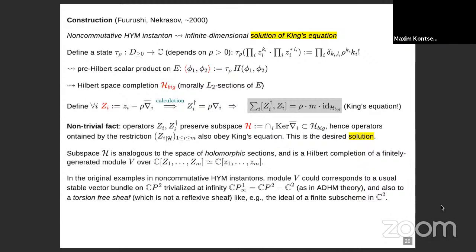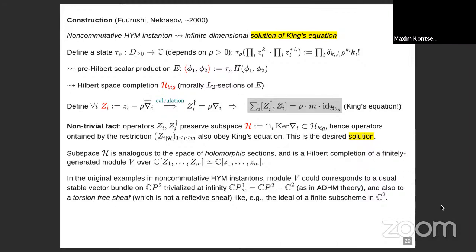So there was a bit of an informal construction in about 2000 by Furuuchi and Nekrasov, almost at the same time. They both cite each other. This non-commutative Hermitian instanton gives an infinite-dimensional solution of King's equation.